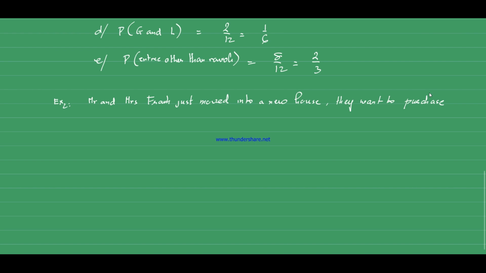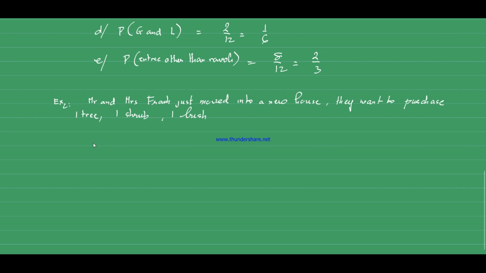We want to purchase 1 tree, 1 shrub, and 1 bush. Okay, and this is the number of options they have.